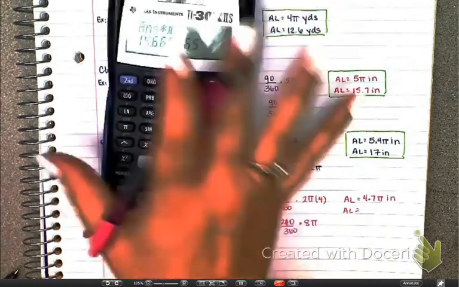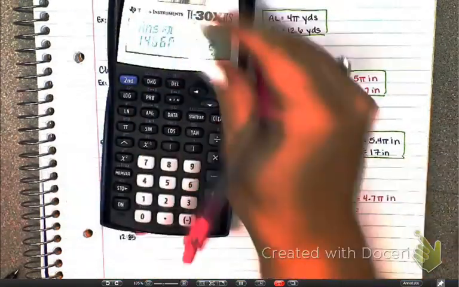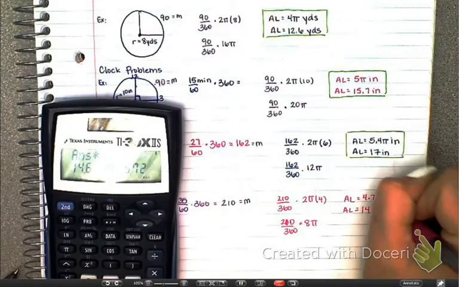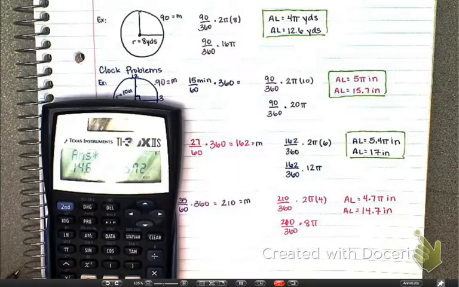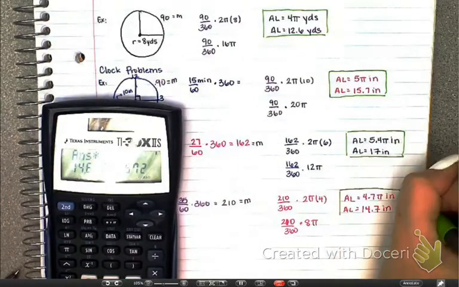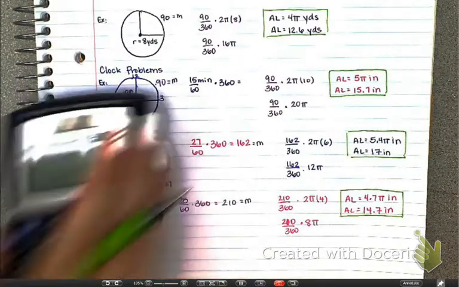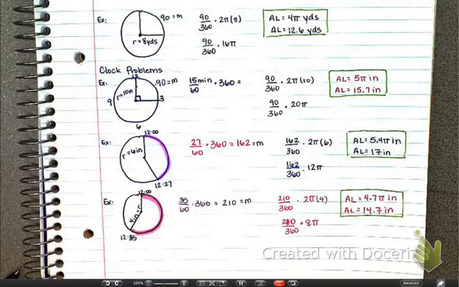But if you want an exact answer, don't clear your calculator and just multiply it by pi. So yes, 14.7 or 14.8, I will take either of those. It's just the difference between something being a little more exact versus rounded. Do we feel okay about those problems?